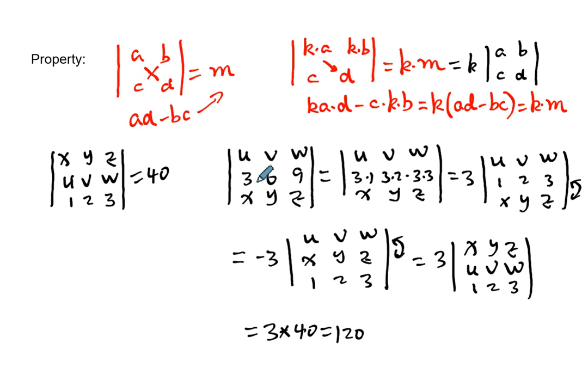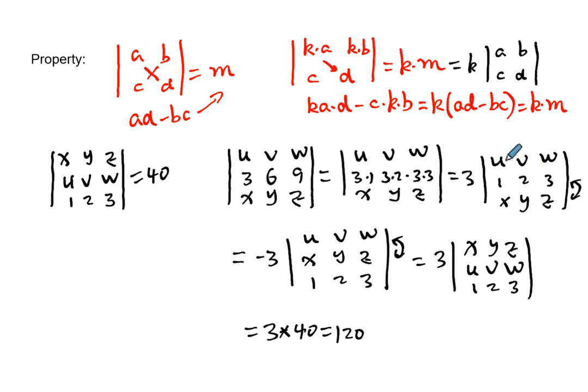First, we know there is a factor 3 here. 3 times 1 is 3, 3 times 2 is 6, and 9 is 3 times 3. Based on the property, if there is a K on the row, you pull it out. So we can take 3 out, and we are going to find the determinant of this one.